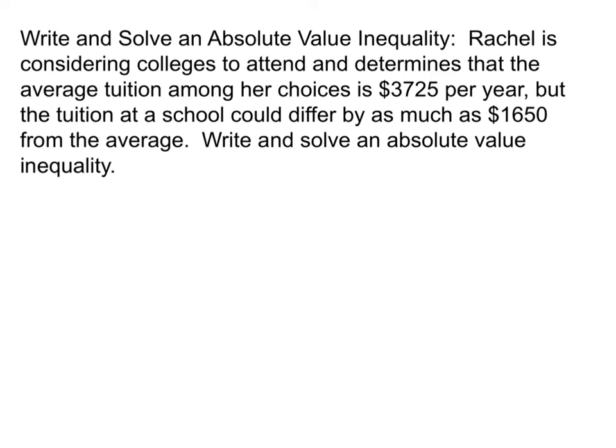Okay, well, whatever the college tuition is, if we call that tuition X, if we subtract the $37.25, the average amount, the absolute value of that should be less than, it says as much as, so maybe equal to $16.50.